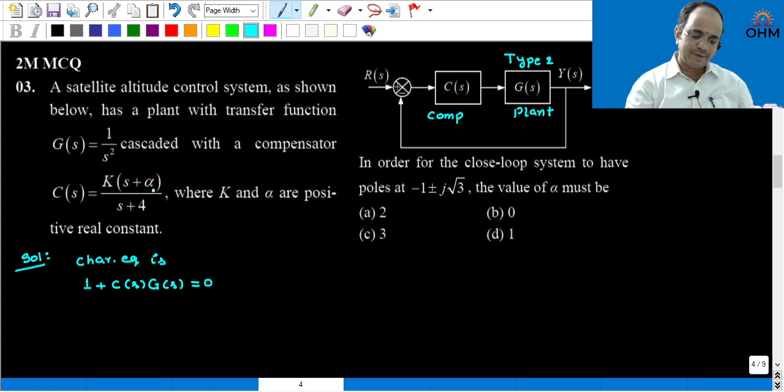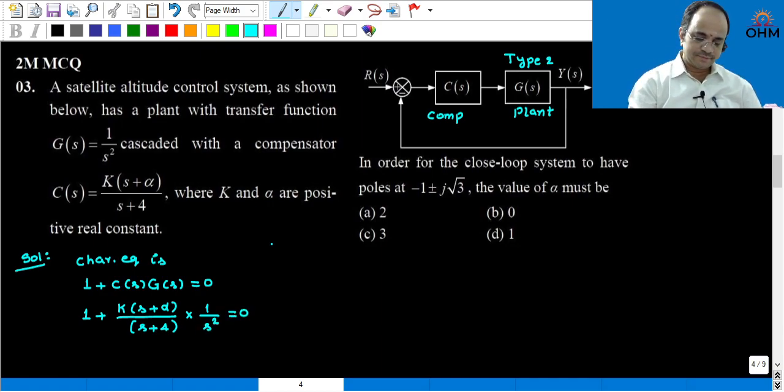Lead compensator means alpha should be less than 4. Even all options are given in the same way. Now let us try to find out. The characteristic equation is 1 plus C(s) G(s), that is K into (s plus alpha) divided by (s plus 4), this is the compensator, multiplied with 1 by s square, equal to 0.